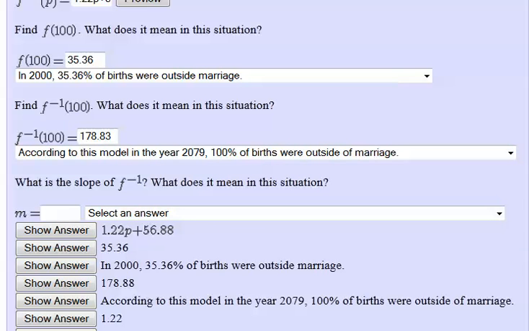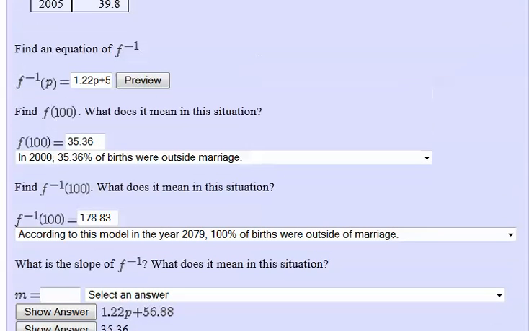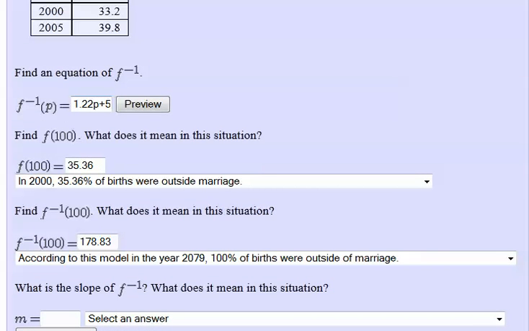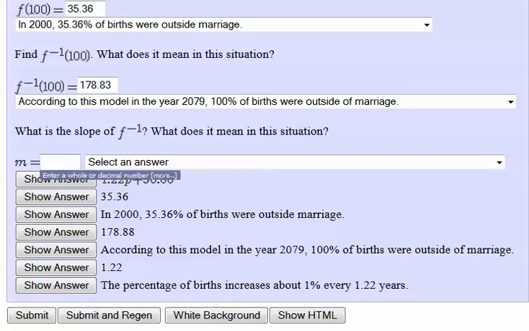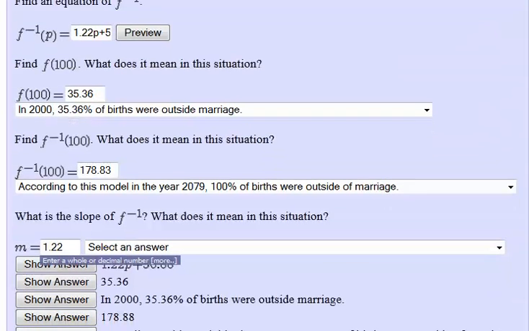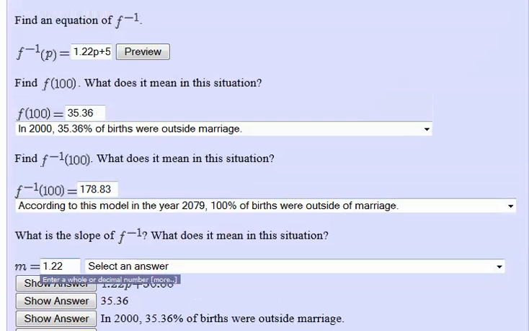What is the slope of the inverse function, and what does it mean in this situation? The slope is 1.22. And what does this mean? Well, the slope normally is the change in y over the change in x, which is the change in p over the change in t.